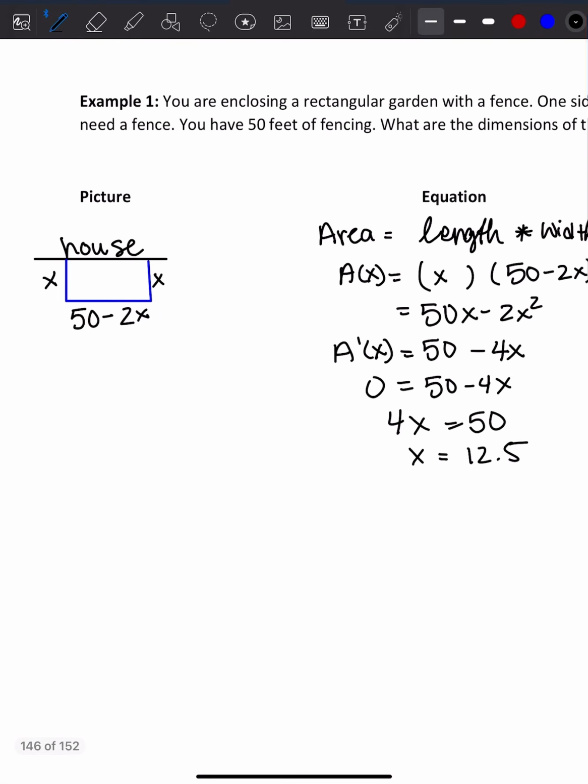If I want to do absolutes, I'm going to look at our critical point and our endpoints. Our endpoints are going to be the smallest and largest our sides can possibly be. The smallest our one side could be is 0.